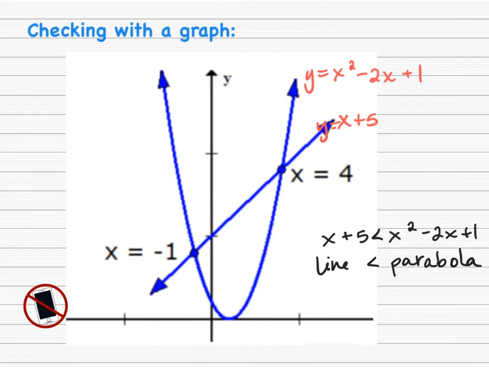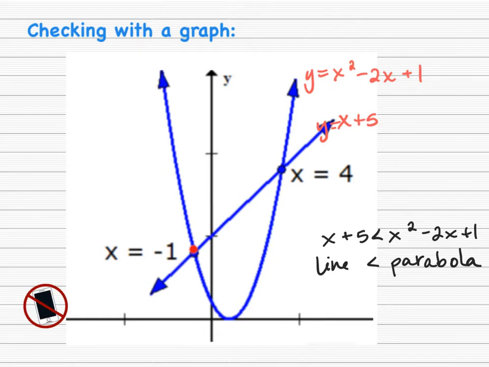So right here, you guys can't see where I'm pointing, I have the parabola and I have the line. If I'm thinking of straight vertical distances, just straight up or down, if I am at the line and I go straight up, I have to go up to get to the parabola.